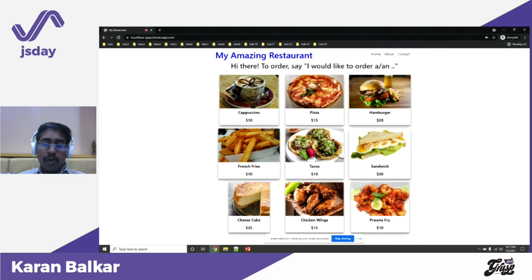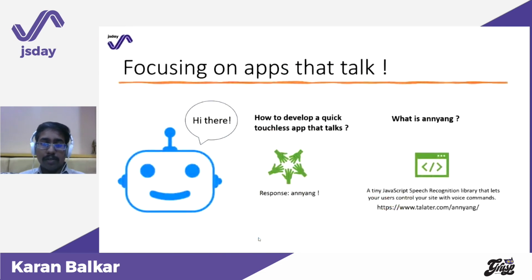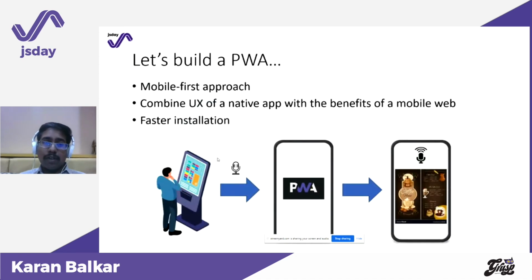Now coming to why exactly I chose to develop this as a PWA is also something I'll be talking about. The advantages of using a PWA: I would like to highlight three here. One is a mobile-first approach, and you can combine the UX of a native app with the benefits of a mobile web.